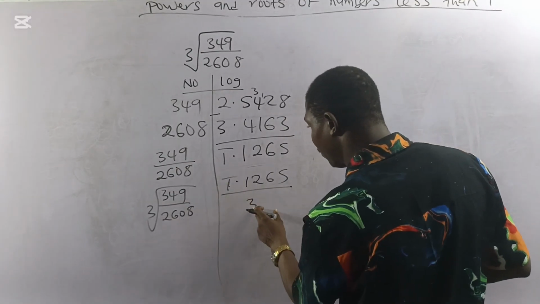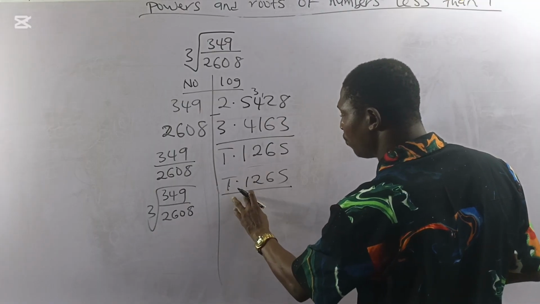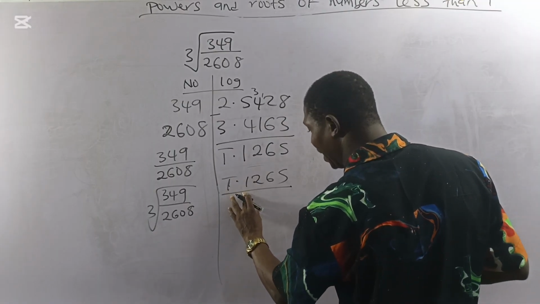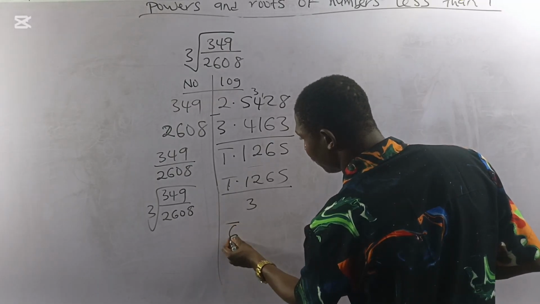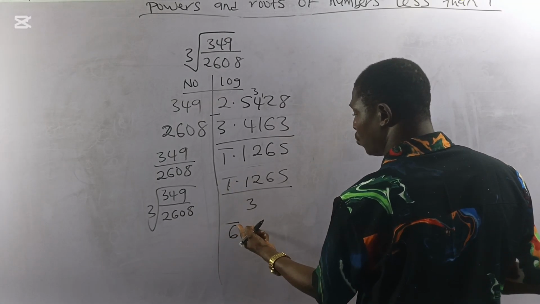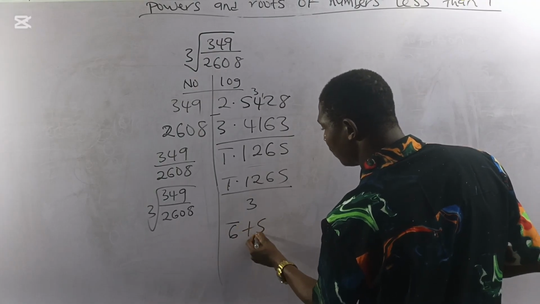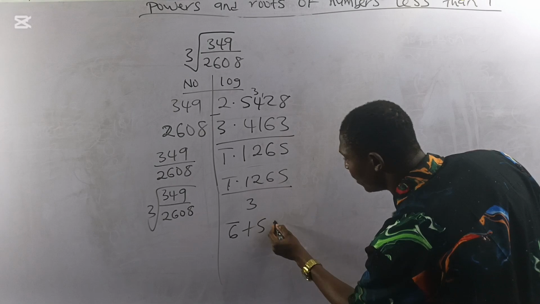And this is bar 1. We can't use 3 to divide by 1. So we can take the multiple of 3 higher than 3, which is 6. So we can have bar 6, plus 5, which is minus 6 plus 5, giving me minus 1.